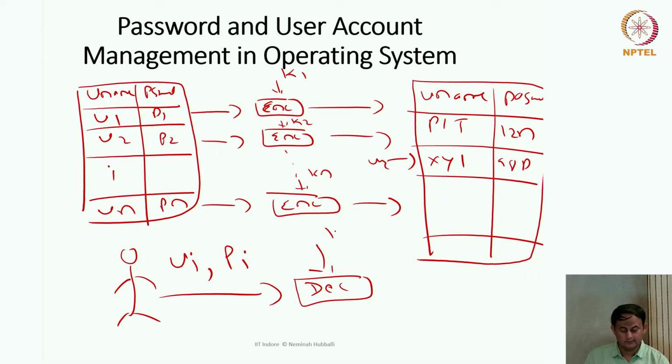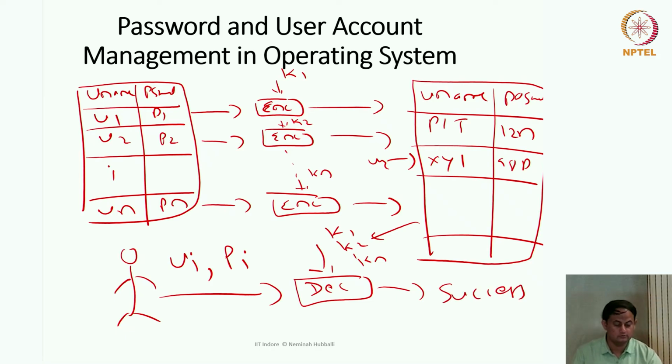So one time I try with k1, second time I try with k2, and so on, up to n. Whenever there is a match, I take that username and also decrypt the corresponding password, and if the password matches, I say this is a success. The user is allowed to log in.